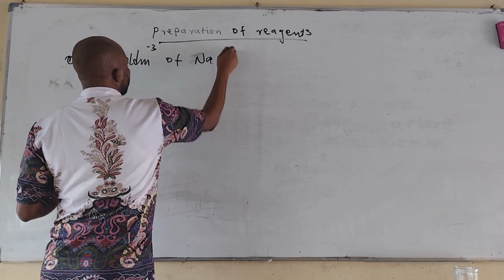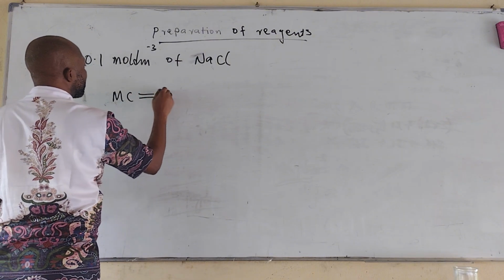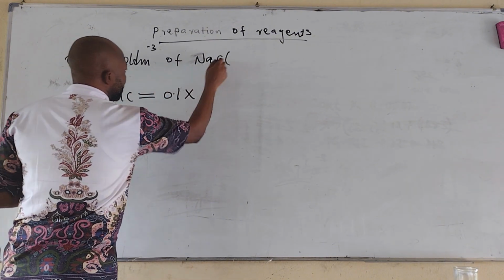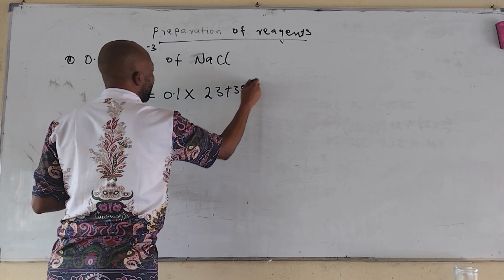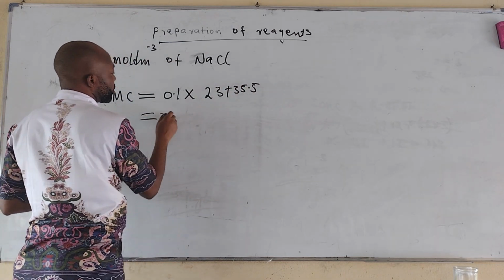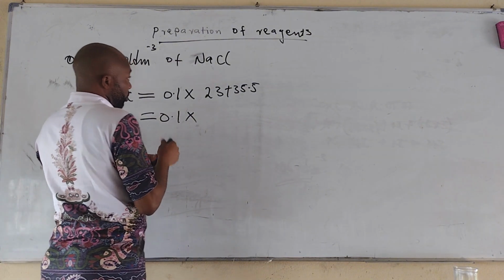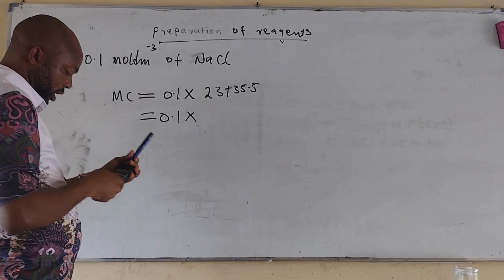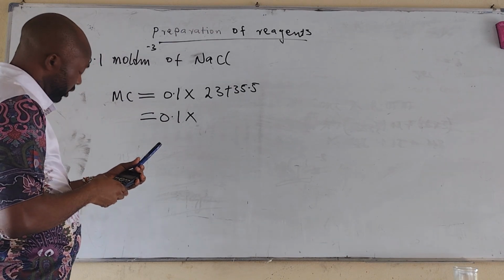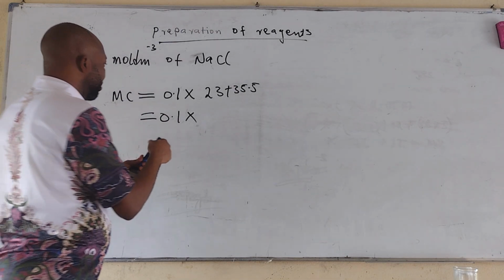Of sodium chloride, my mass concentration becomes 0.1 times sodium, which is 23, plus 35.5. This is equal to 0.1, the concentration which is given, times 23 plus 35.5, which gives me 58.5.